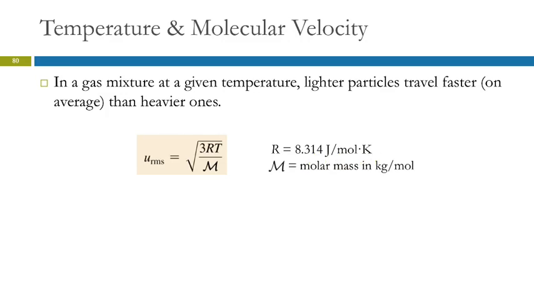We're using joules here instead of liter atmospheres. I don't expect you to remember this value of the ideal gas constant, so I would give that to you. Here, this script capital M is the molar mass, and we need to have this in kilograms per mole. So the molar mass here has to be in kilograms per mole, and that's so that the units work out.